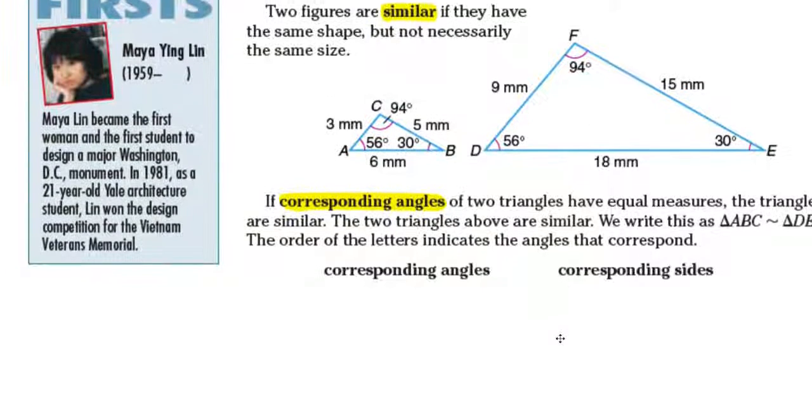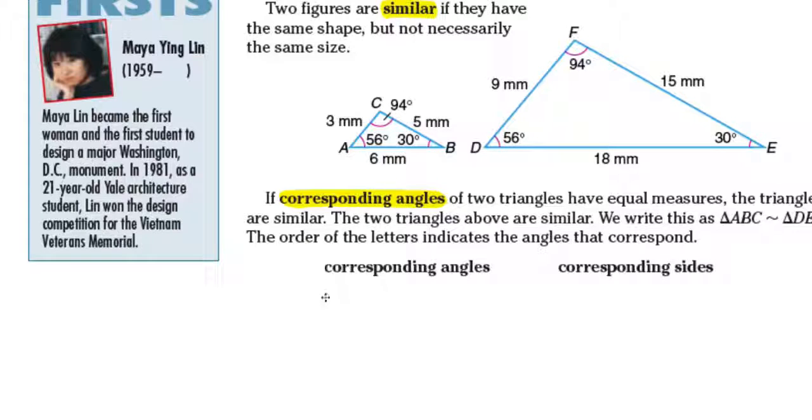If you look at the angles that correspond, angle A corresponds to angle D, angle B and angle E correspond, they are in the same location, and angle C and angle F correspond. Corresponding sides simply mean the sides that are in the same location of the triangle.